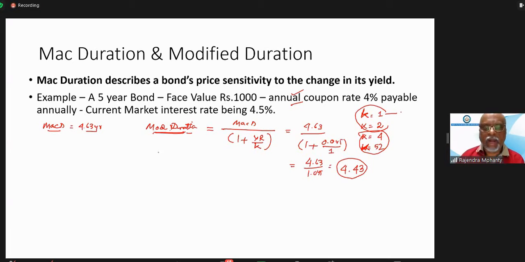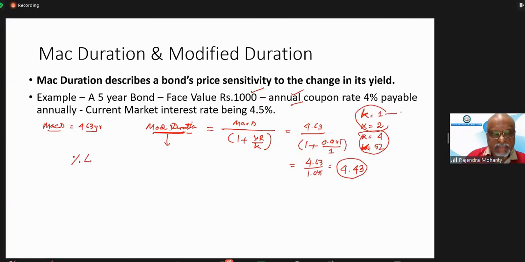Now, how is this modified duration to be used? By using this modified duration, we can calculate, if the market rate or yield rate changes further, what will be the change in the price of this bond. This can be calculated. So you remember this formula.